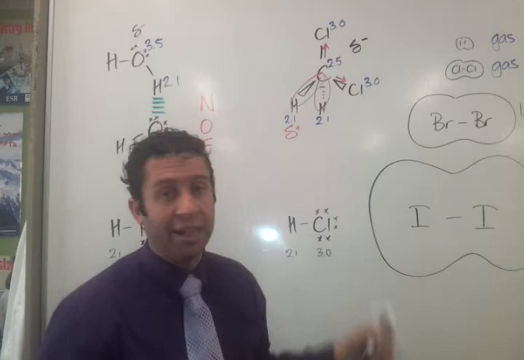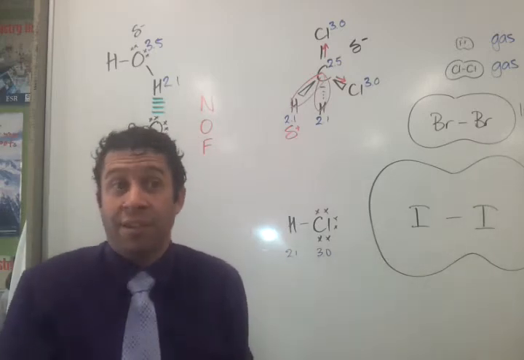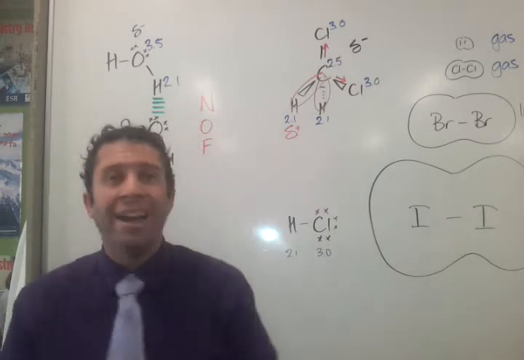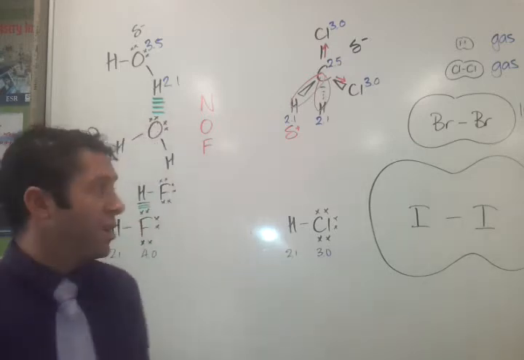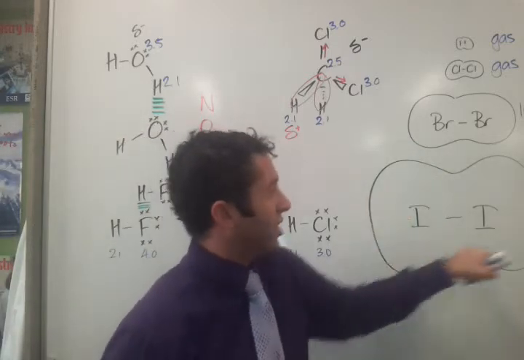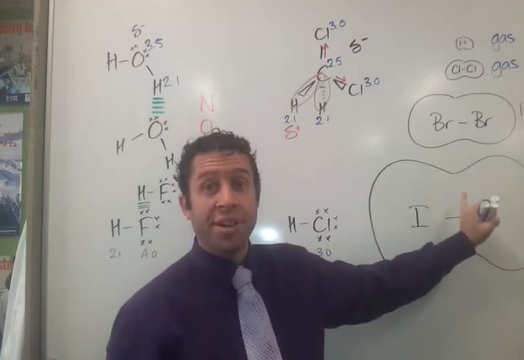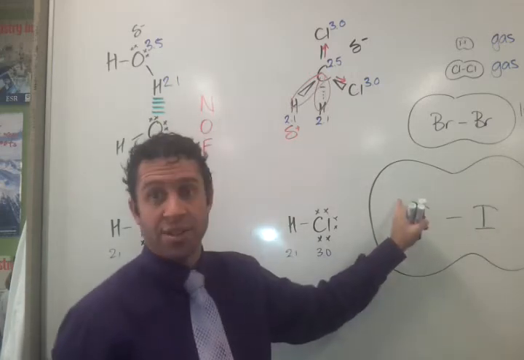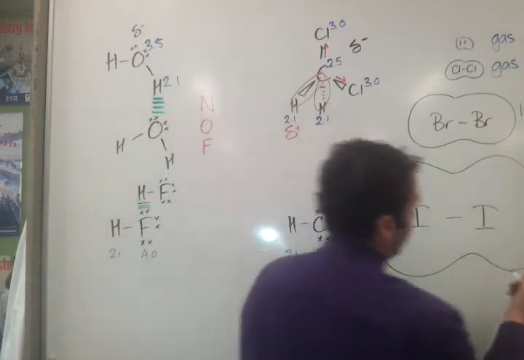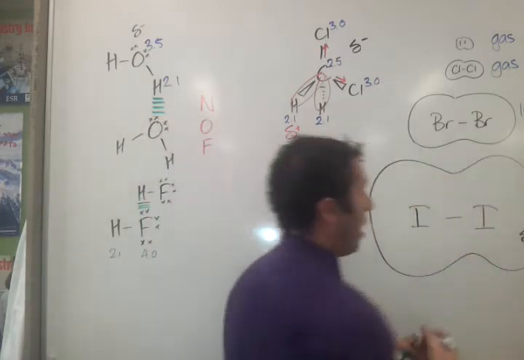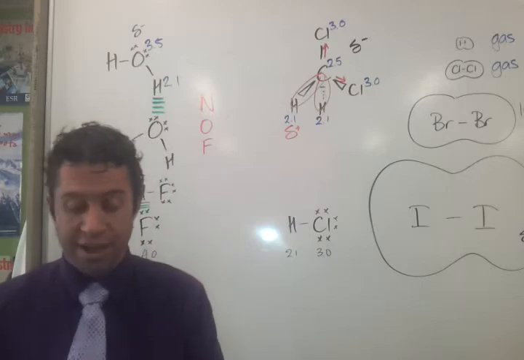It's just too many electrons to be pretty sure they'll be evenly distributed. So therefore, at any instant, there could be an instantaneous dipole. One of the electrons in this cloud is a little bit closer to this nucleus than it is to this nucleus. And so at that instant, there is a dipole created within this molecule.